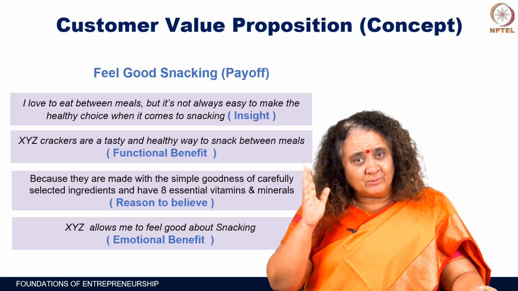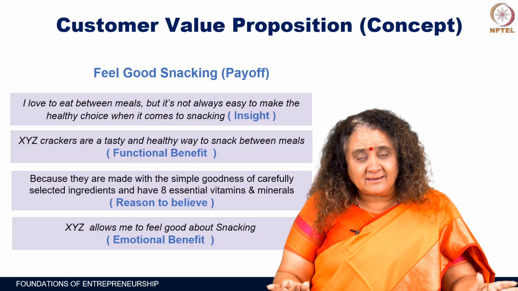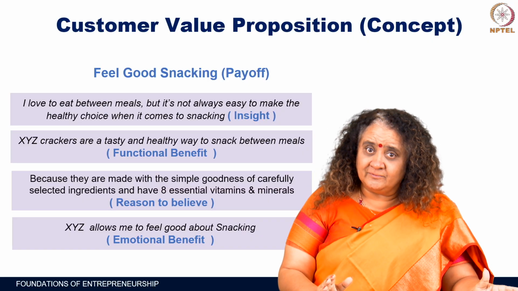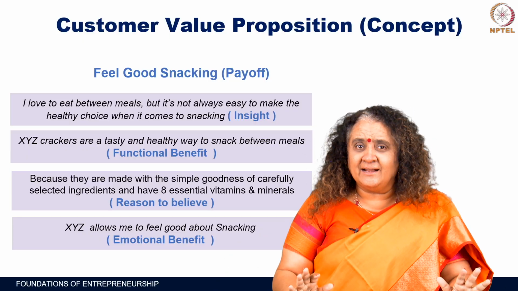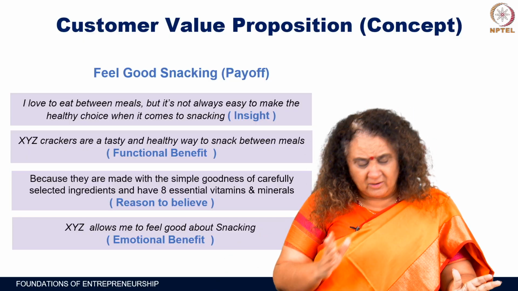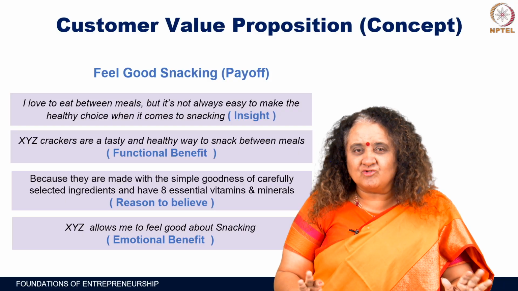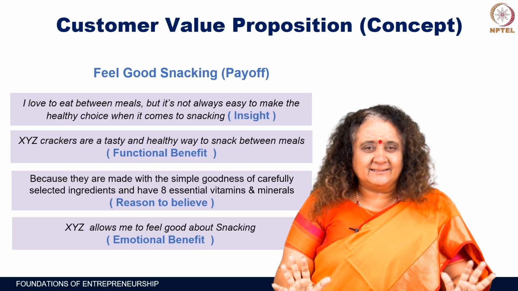So, again there was an insight that the customer was not happy about snacking. The functional benefit that we offered was we gave you crackers which had both health and taste, and we know from all the work that we have done with customers that the biscuit category enjoys in their mind a space that it is a tasty category.